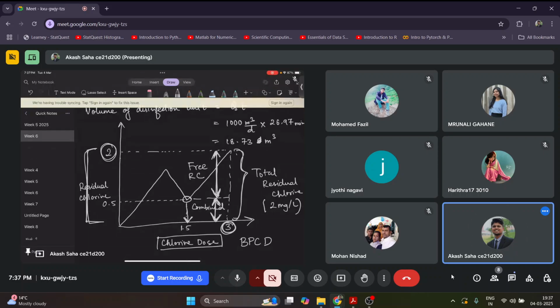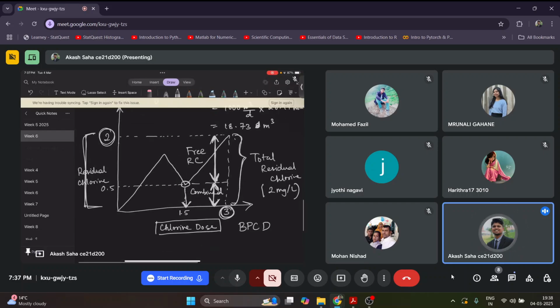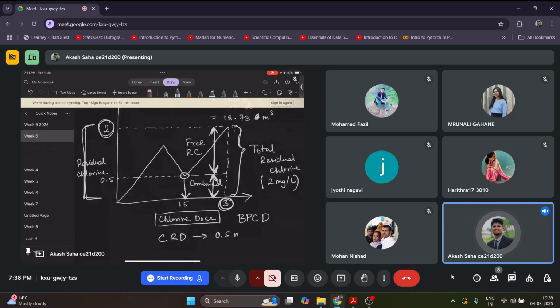Is it clear? So my combined residual chlorine will be 0.5 milligram per liter, and my free residual chlorine will be 2 minus 0.5, that is 1.5 milligram per liter. Is it clear? Is anyone having any doubt here?